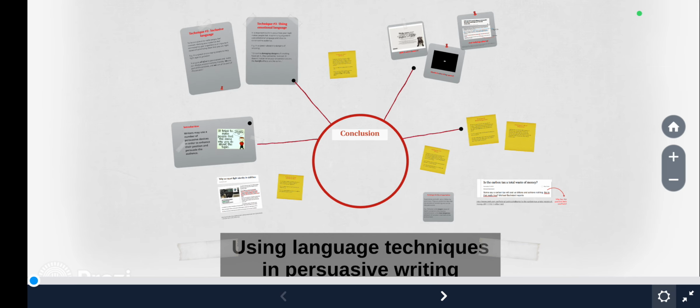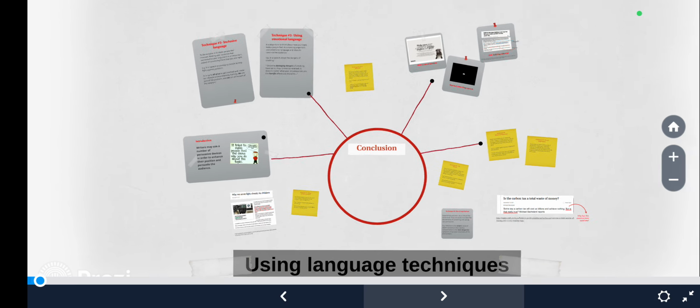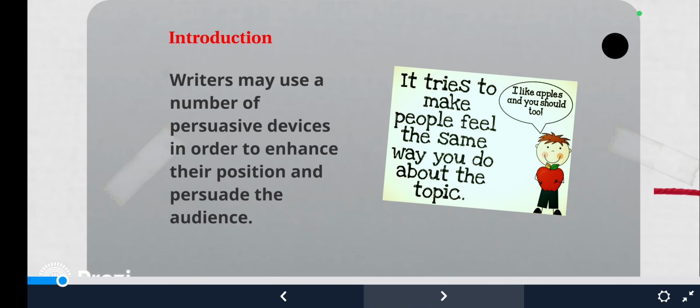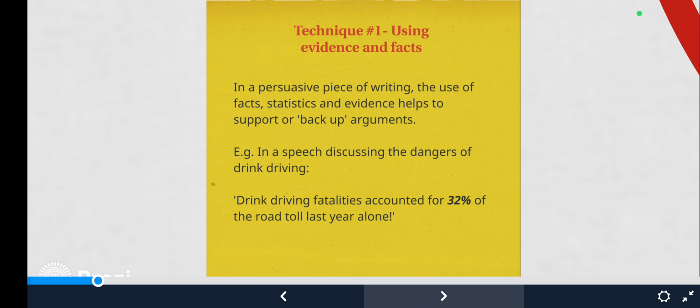So we're going to start with technique number one, that is using evidence and facts. In a persuasive piece of writing, we use facts, statistics and evidence to support or back up arguments. For example, this is very useful when you want to sell something.